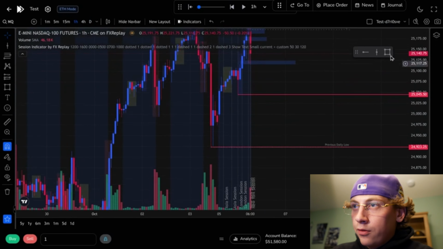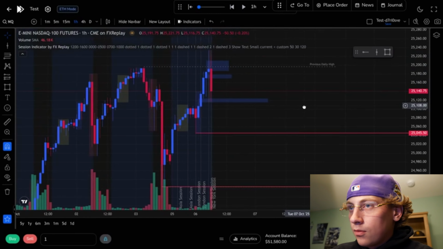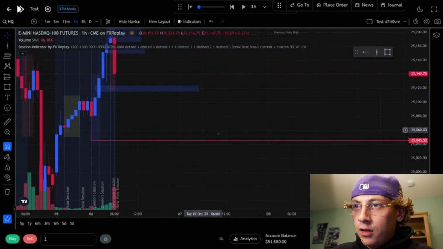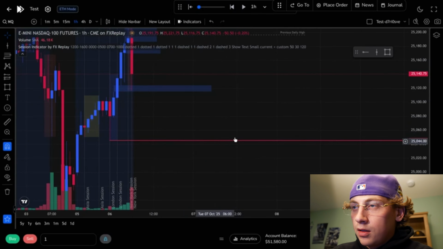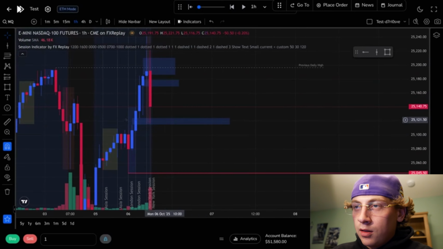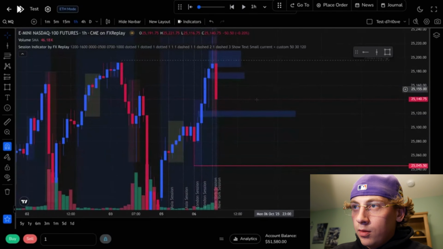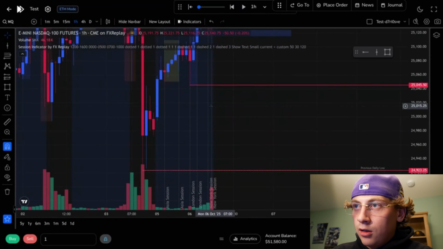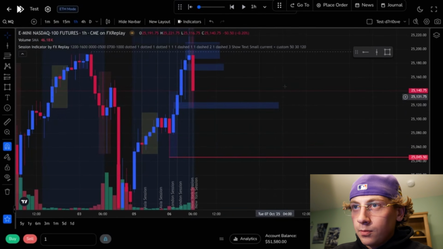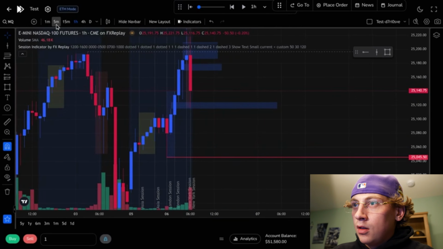So what's the next form of liquidity we want to take out? This low is pretty far down, so the next will be this gap right here, so that's what I'm going to target, right? And like I said, if you want to have multiple take profits, you can go here and here. But for me, I just tend to stick to one. Just like that.